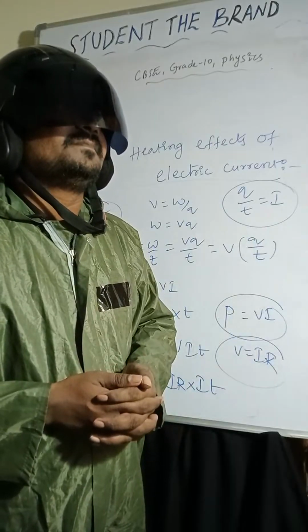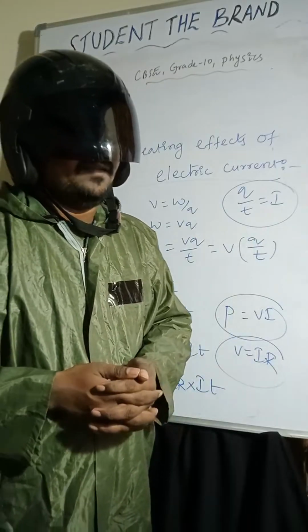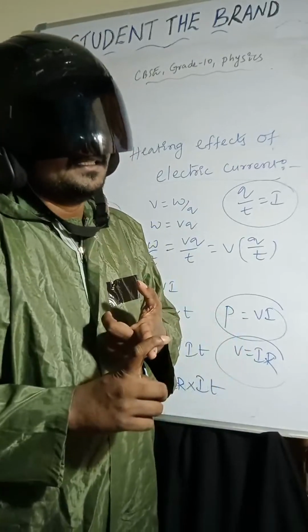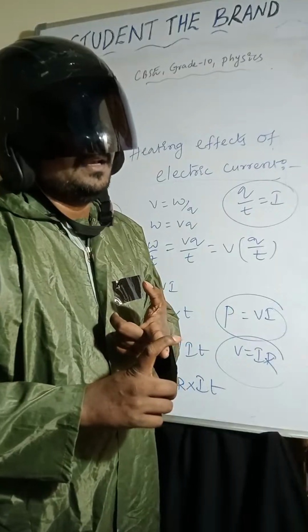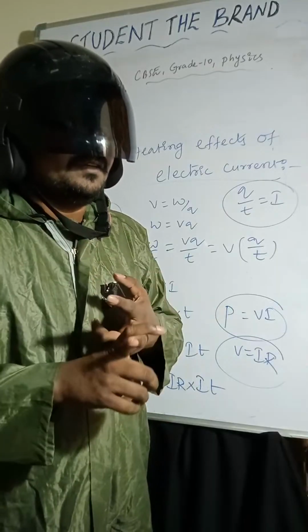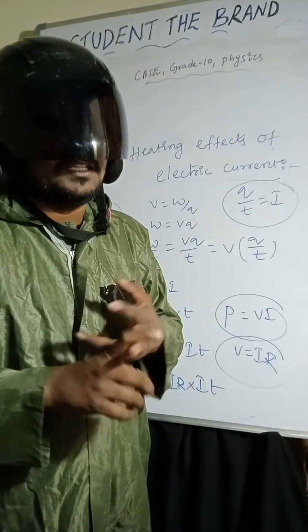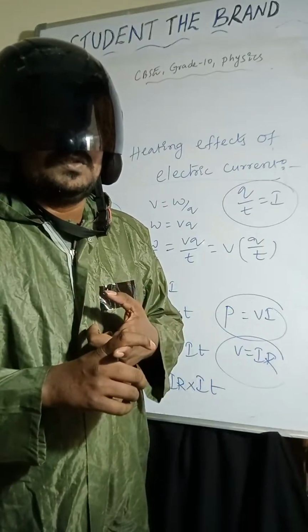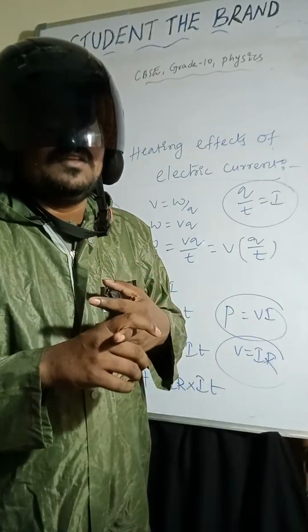Then, live wire and neutral wire. The live wire is the positive terminal with red insulation. The neutral wire is the negative terminal with black insulation. The earth wire is green in color. Live wire potential is 220, neutral wire is 0.